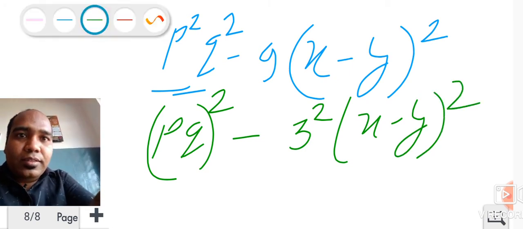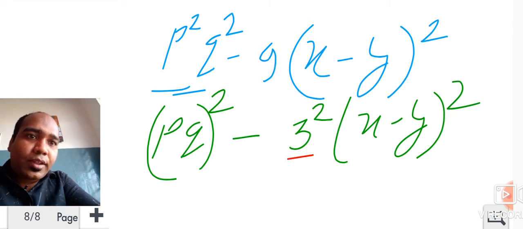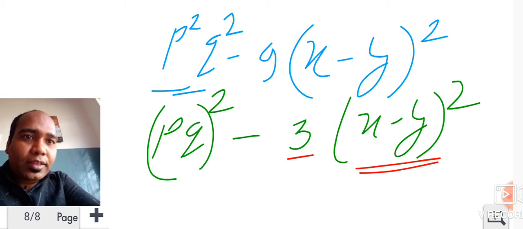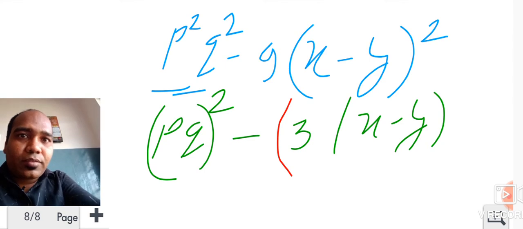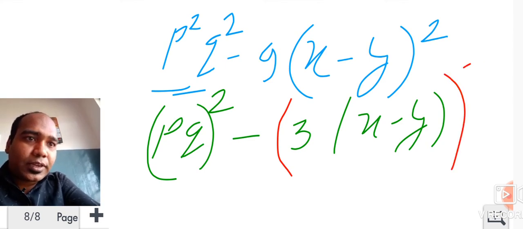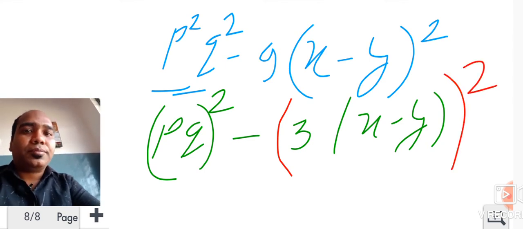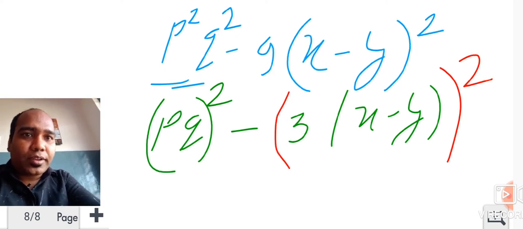So overall we can write this whole part as a square.